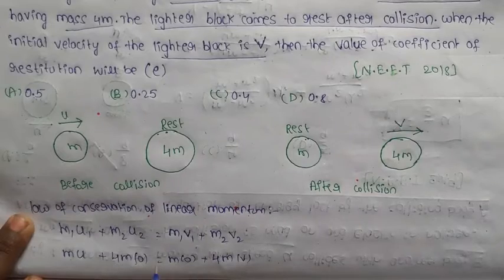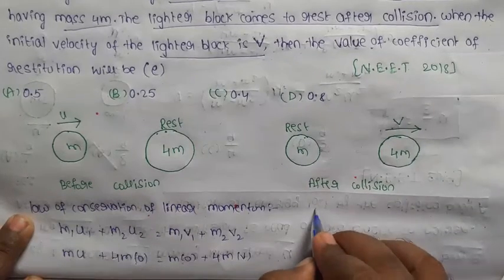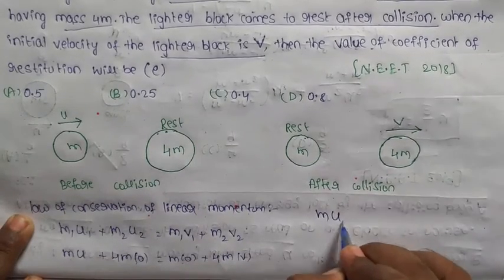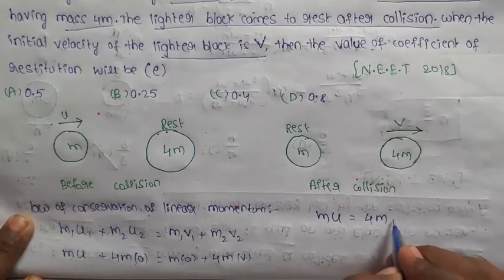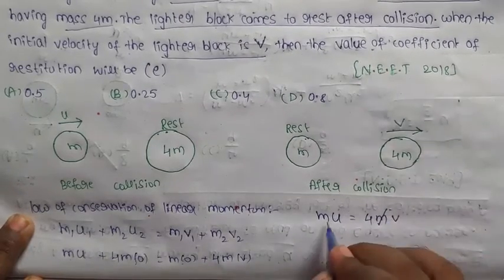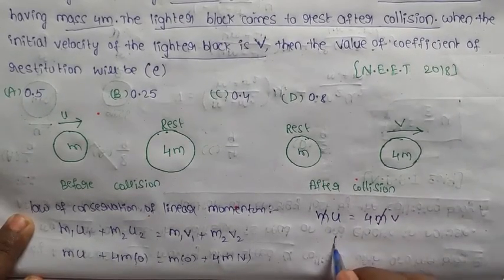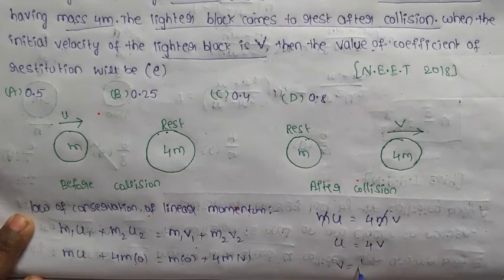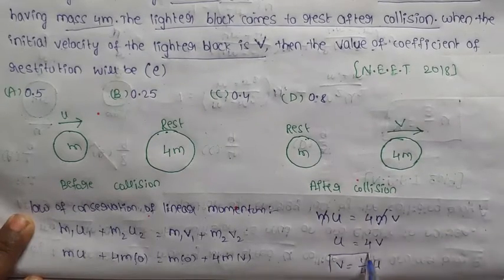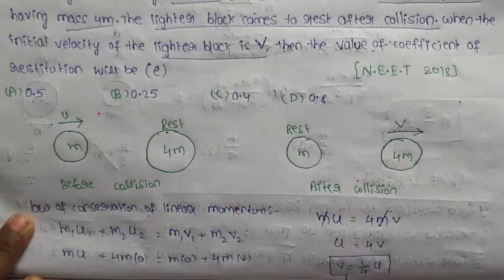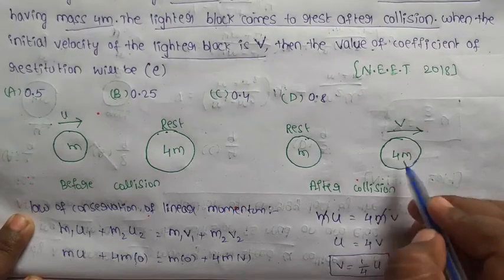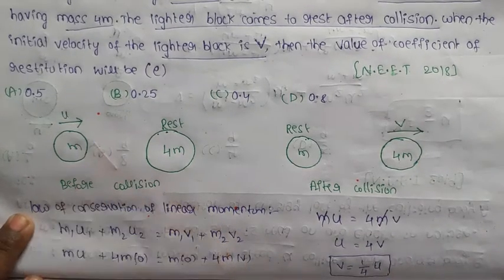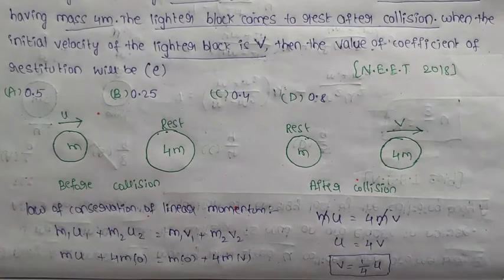So those terms go to zero. The remaining terms are m u equal to 4m v. Here m cancels, so u equals 4v, and v equals 1/4 u. So the final velocity of the heavier body is one fourth of the initial velocity of the lighter body.